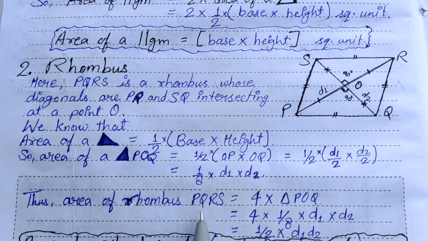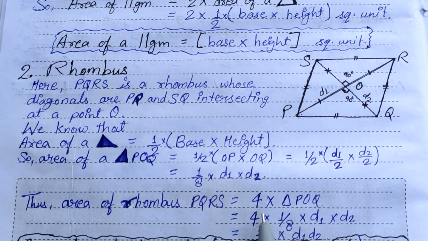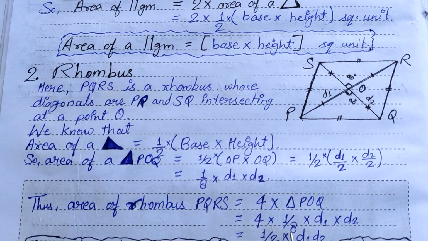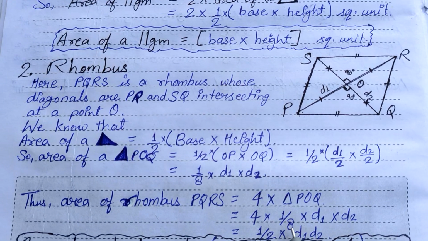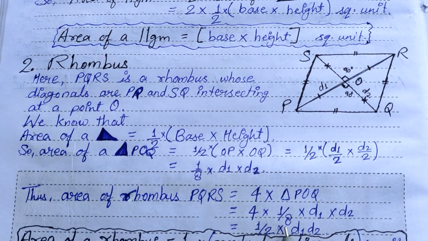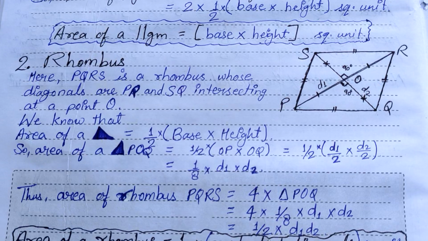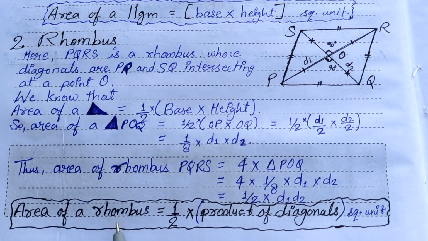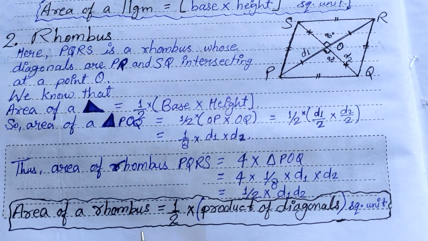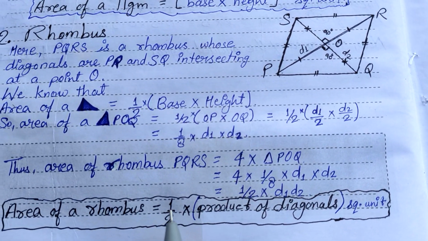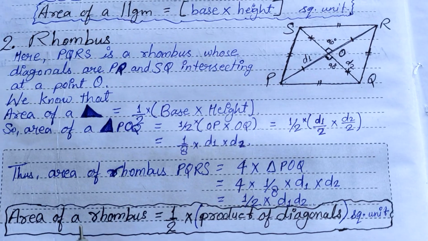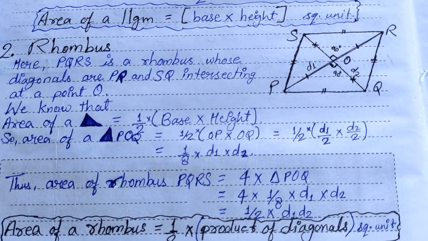So area of rhombus is 4 into 1 by 8 into D1 into D2, which is 1 by 2 into D1 into D2. So area of rhombus is 1 by 2 into the product of its diagonals, 1 by 2 into D1 into D2 square unit.